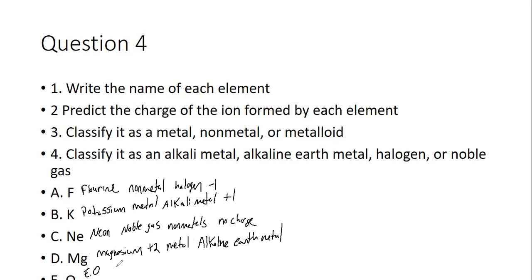Lastly, we have oxygen. Oxygen's a nonmetal. It's in 6A, so that means it's always -2, but it doesn't have a group name. It's not any of those classification schemes that we learned.